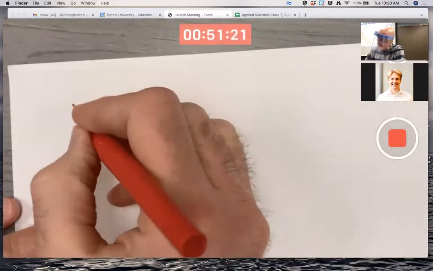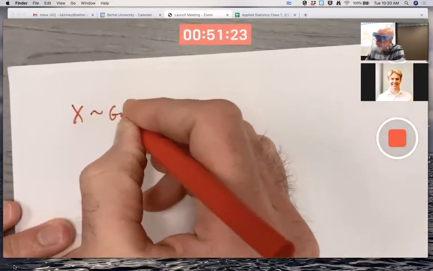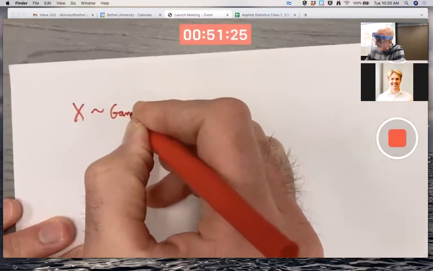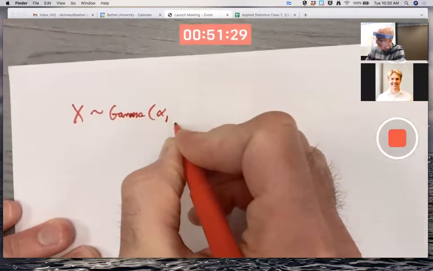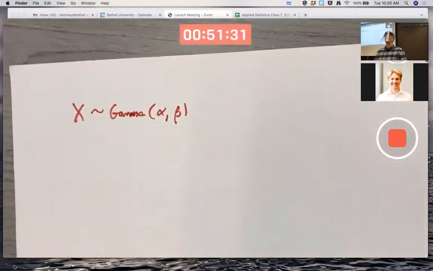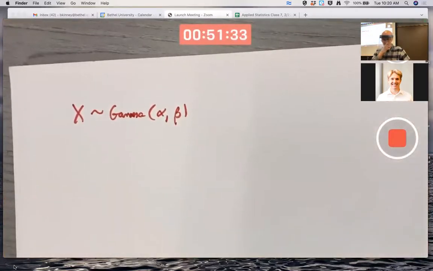So let's say X has a gamma distribution with parameters alpha and beta. For chutes and ladders, that data, it's just an assumption to make. I don't know for sure that X truly has a gamma distribution.